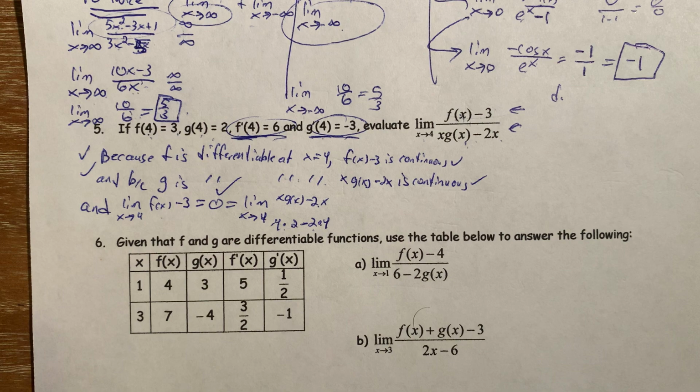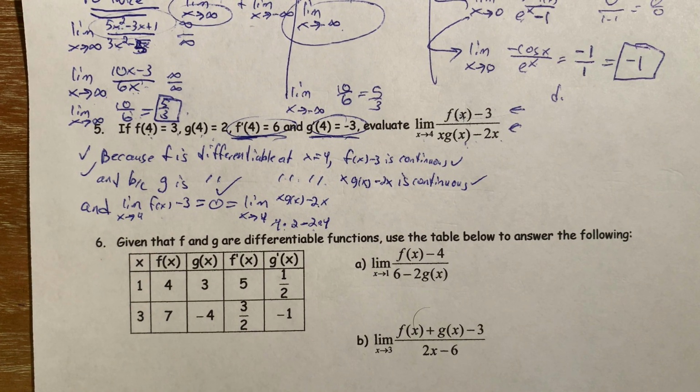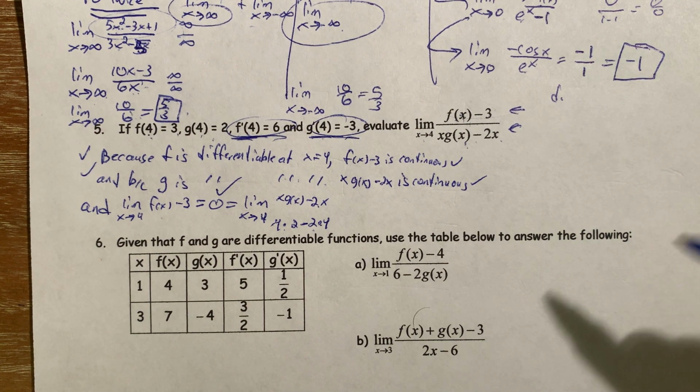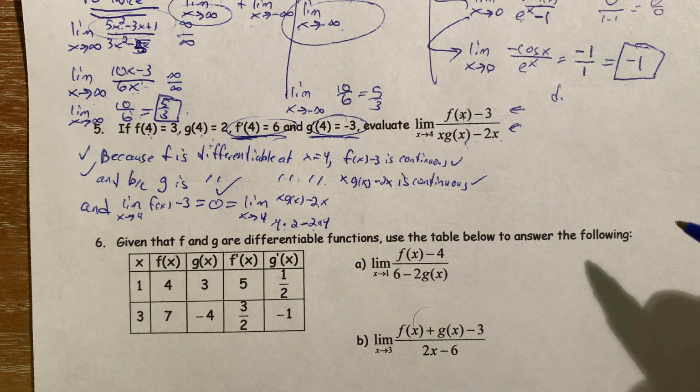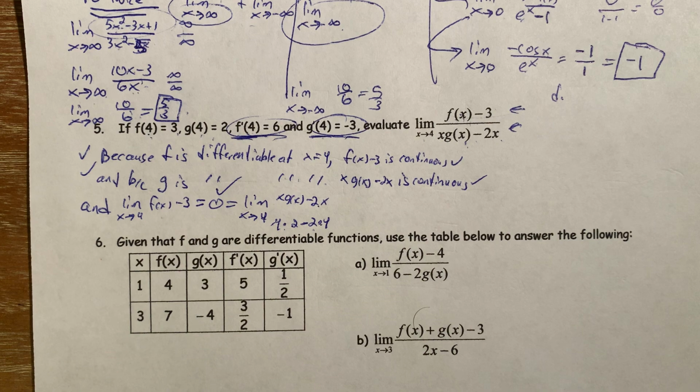There was a year that the AP graders were really angry. It was actually my first year grading nationally, and a lot of the people were really upset because the problem said f of x is differentiable, and the people who wrote the test that year required students to say that because f of x is differentiable, f of x is continuous, and so you could do L'Hopital's rule.